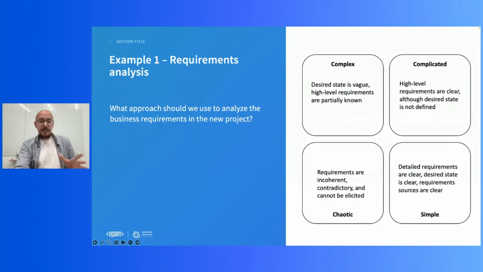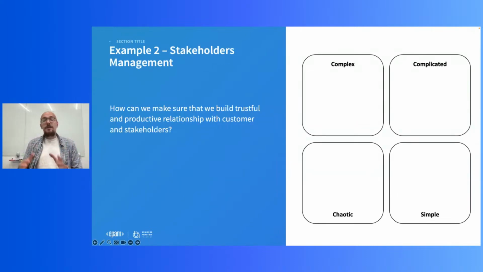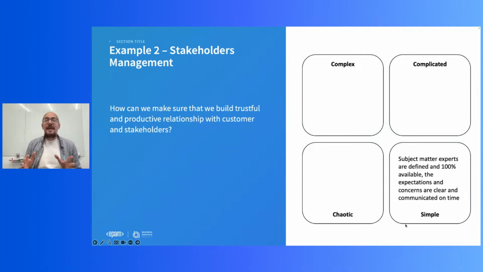So let's go to the next example: managing stakeholders' relationships. As you have probably already learned from the previous slides how to navigate the framework, the following examples might be much easier for you. So first, let's assume that we have the case where all the stakeholders are perfectly aligned, objectives are clear, communications are just perfect, people understand each other perfectly.